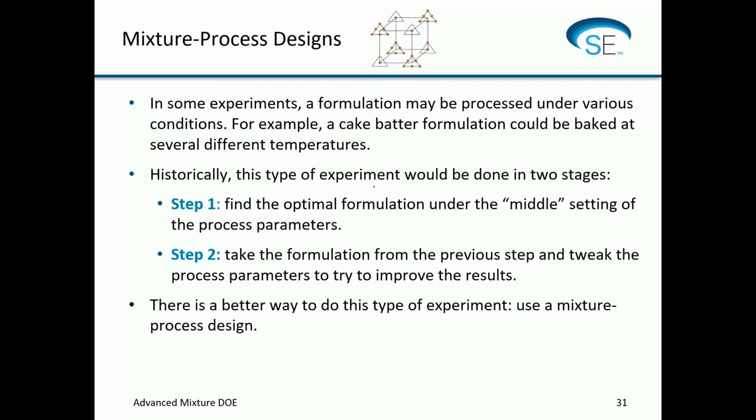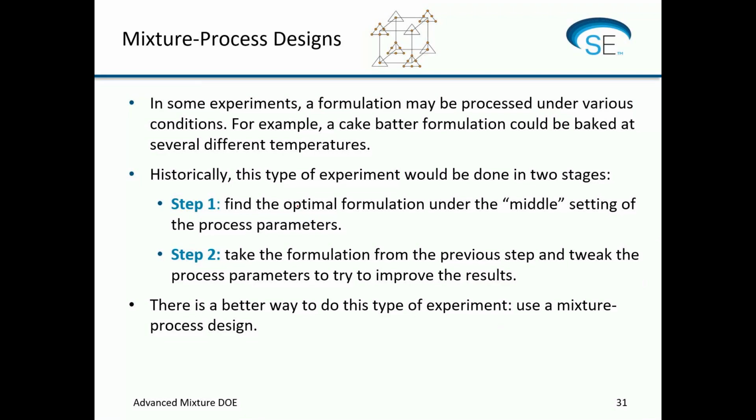Now, historically, a long time ago, what would happen is they would have basically two separate departments. You'd have a formulation team, and what they would do is take the processing factors and set them to the middle setting, middle temperature, middle time, middle whatever, and then formulate.